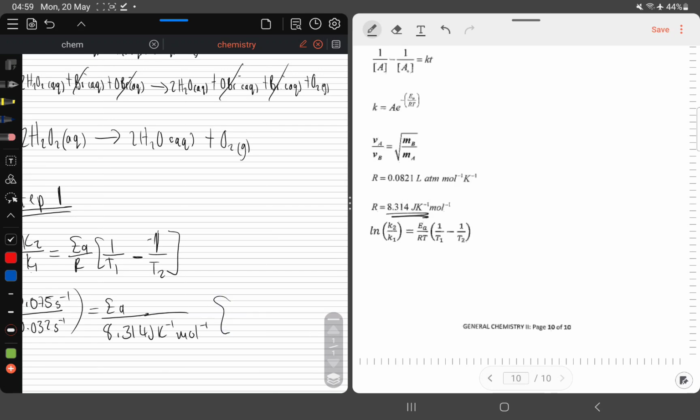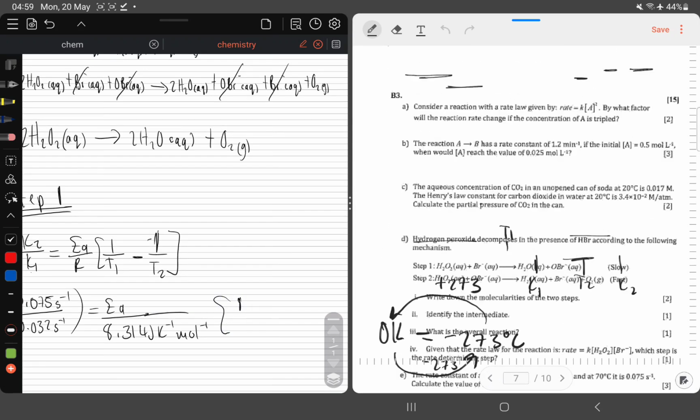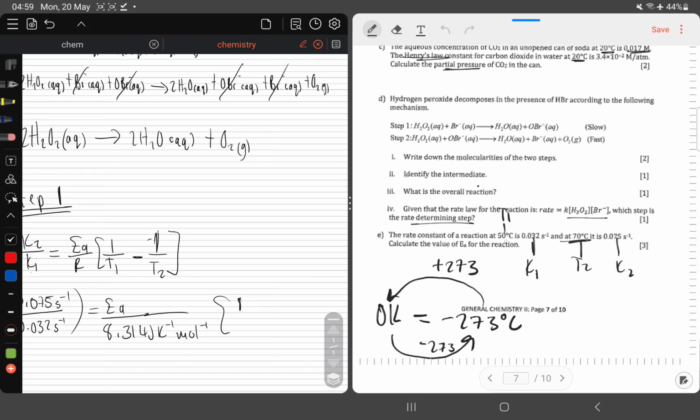This is multiplying 1 over, let's go back to our guys. We have 1 over T1 first. We found it to be 323 kelvins. Okay, 1 over 323 minus 1 over, what is the other one? 70 degrees.